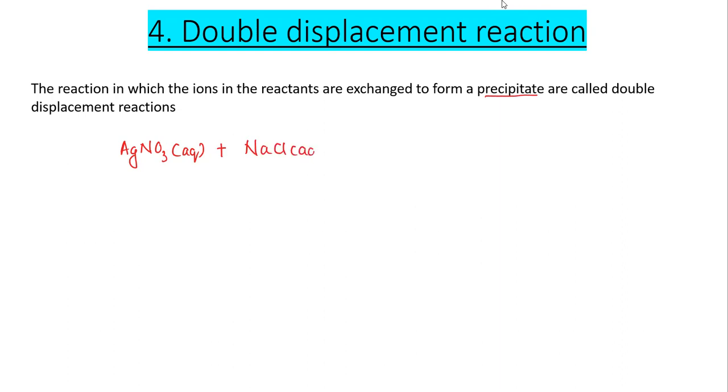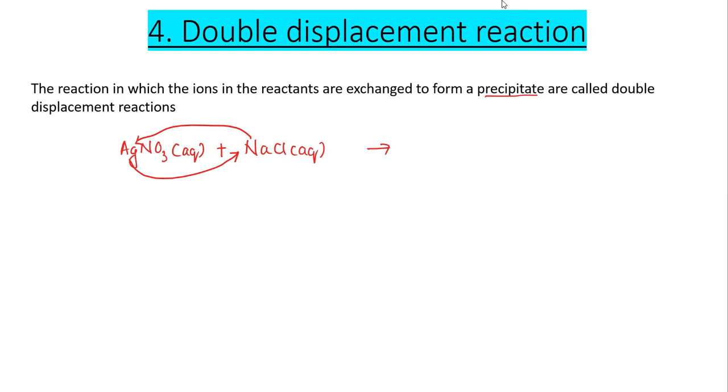That is also aqueous solution. Okay, here what is happening means exchange of ions. They will exchange their ion. Okay, the silver will come in the place of sodium and sodium will go to the place of silver. They are exchanging their ions and a precipitate will be formed.